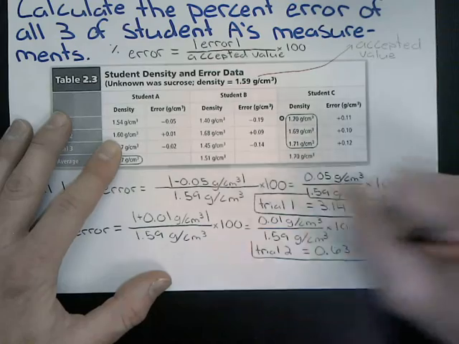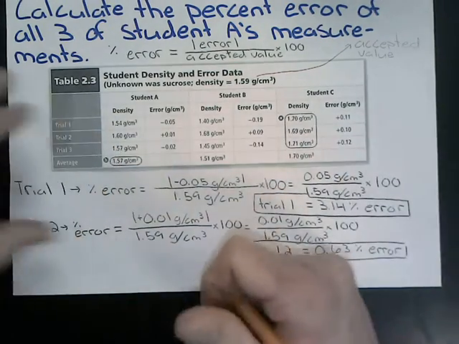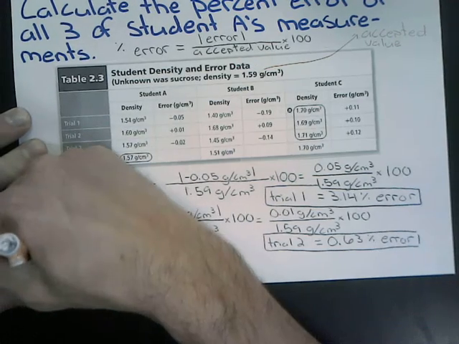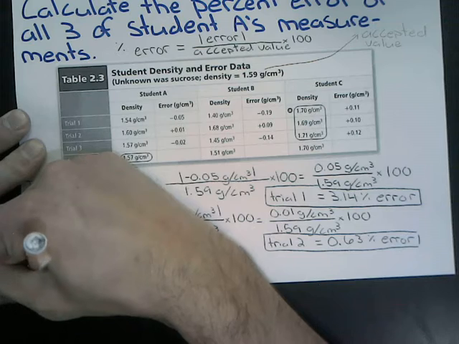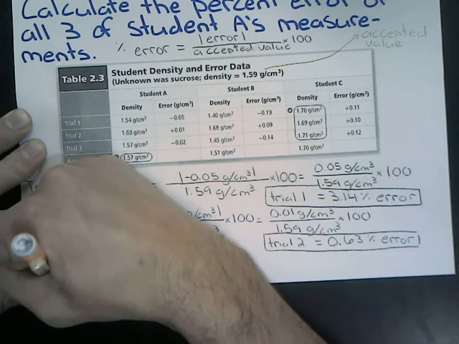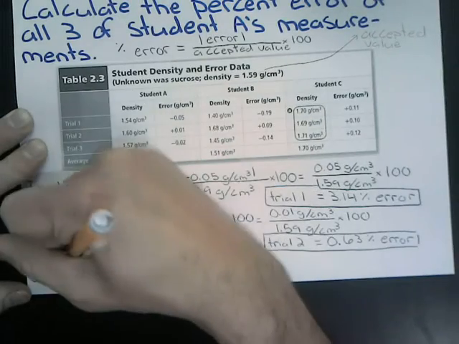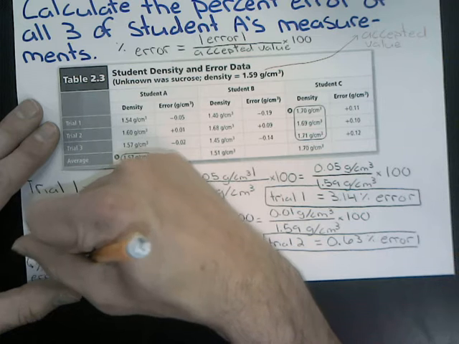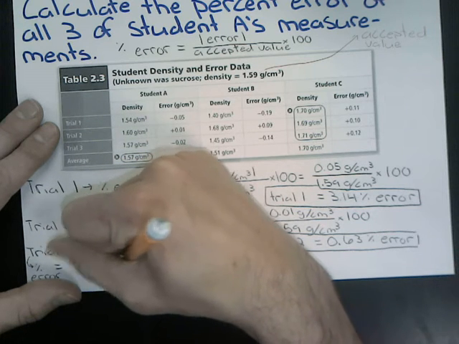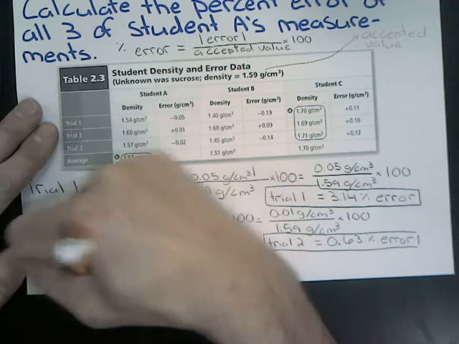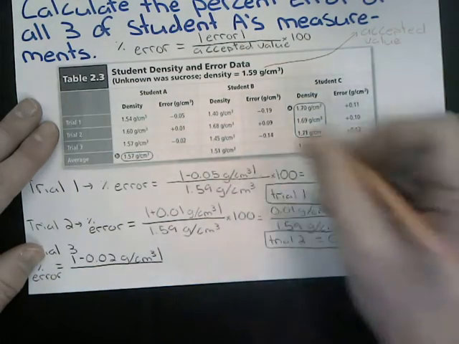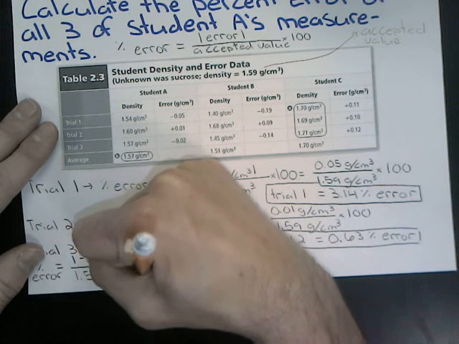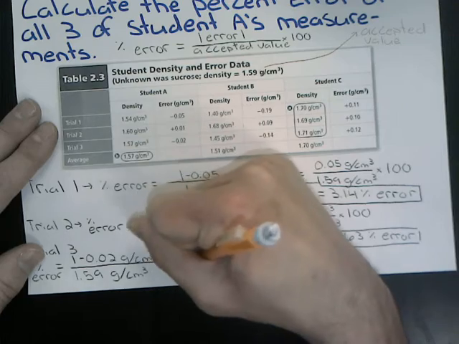Now, the percent error for trial 3 involves very similar operations, just some different numbers. So to save some space here, I'm going to write trial 3 and draw an arrow. We have the percent error equal to the absolute value of the error, which is negative 0.02 grams per cubic centimeter, all divided by the accepted value of 1.59 grams per cubic centimeter, times 100. I'm going to consolidate this.